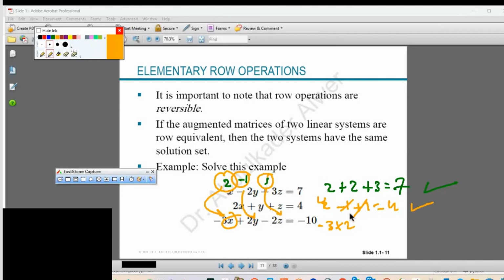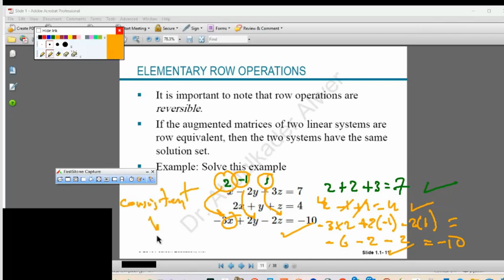So minus 2 with 1. Okay, let's check. Minus 3 with 9, it's minus 6, minus 2, minus 2, it is minus 10. It's correct. So our answer is correct, and here our system is consistent and we have one solution.